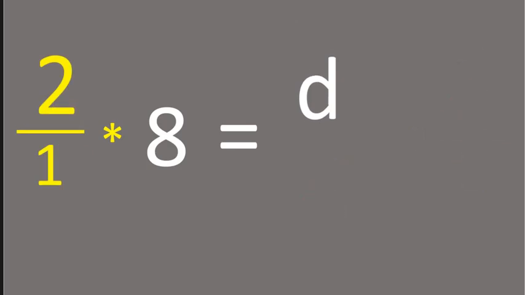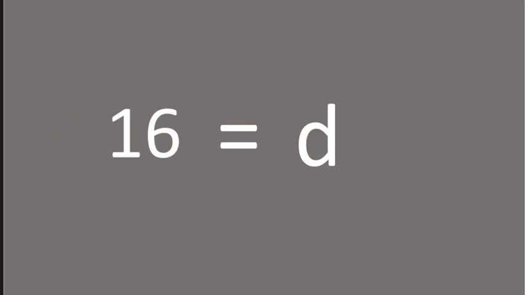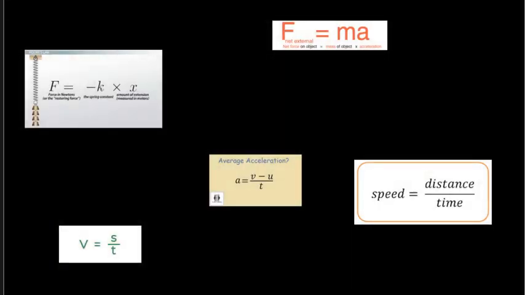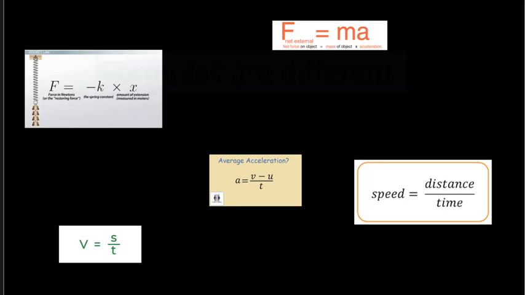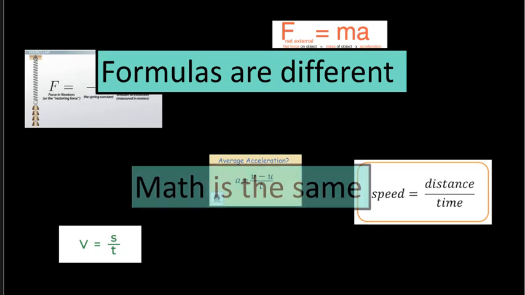We have D all by itself, and we end up with 2 times 8 equals D, and our solution is D equals 16. Alright, so hopefully that was helpful. And again, even though the formulas look different and the letters are different, the math is the same.